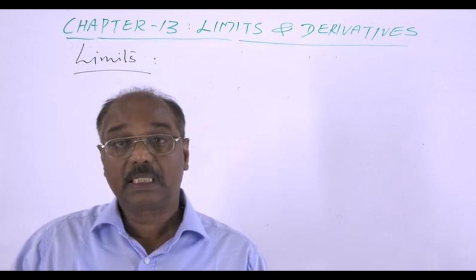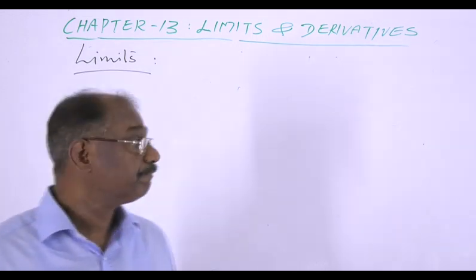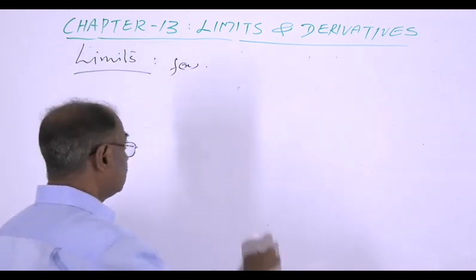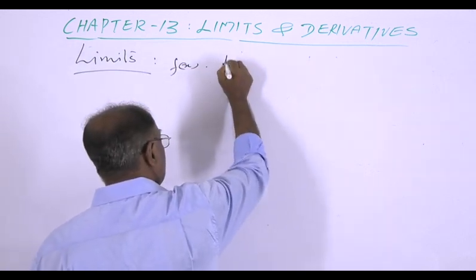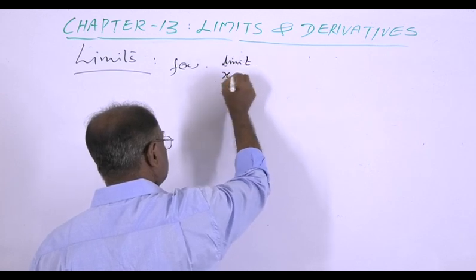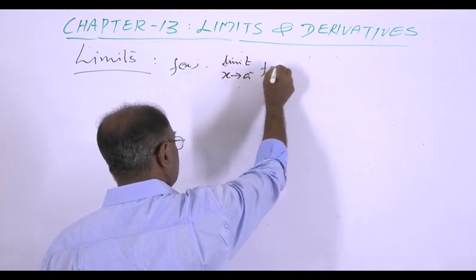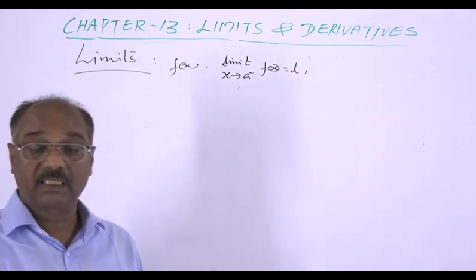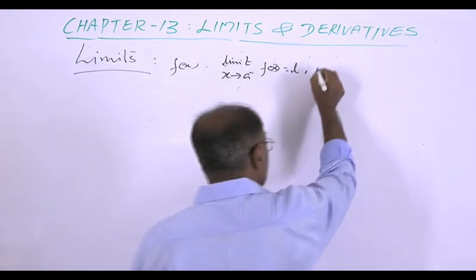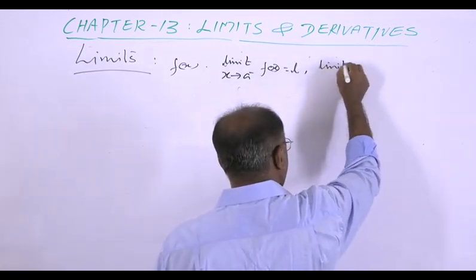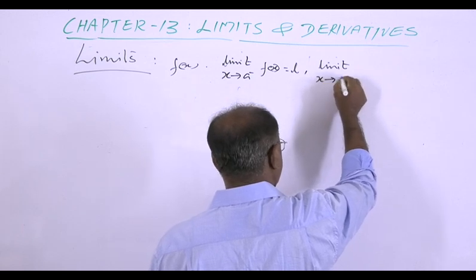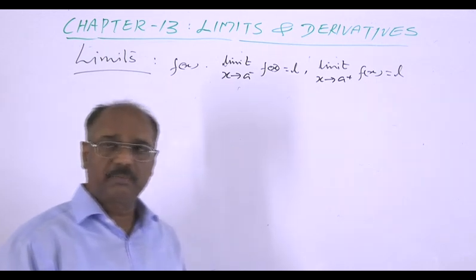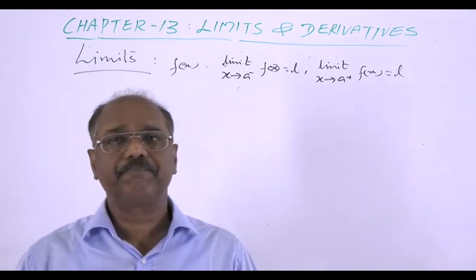For this, consider a function f(x), and suppose the limit as x tends to a minus of f(x) equals L. The left-hand limit as x tends to a is L, and the limit as x tends to a plus of f(x), the right-hand limit, is again L, coinciding.